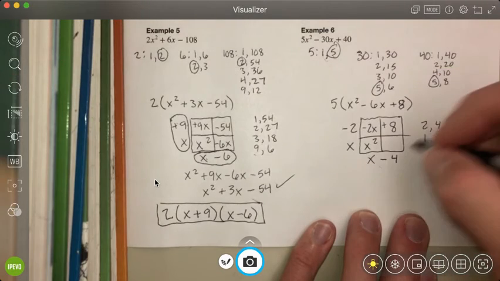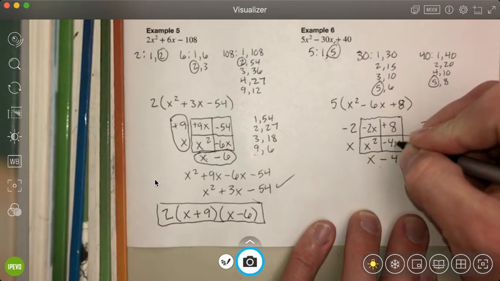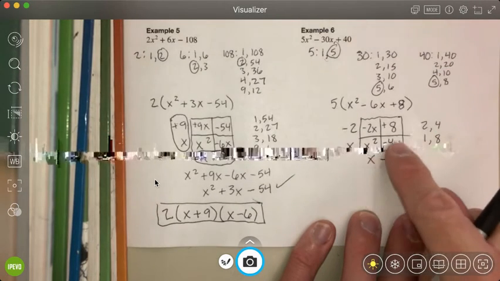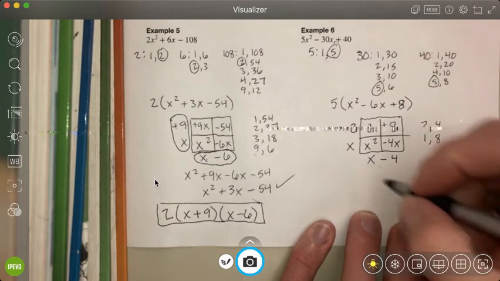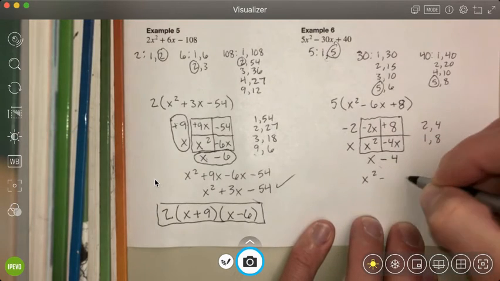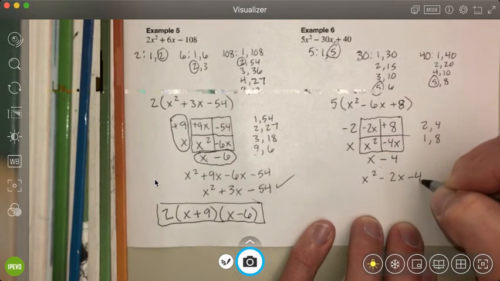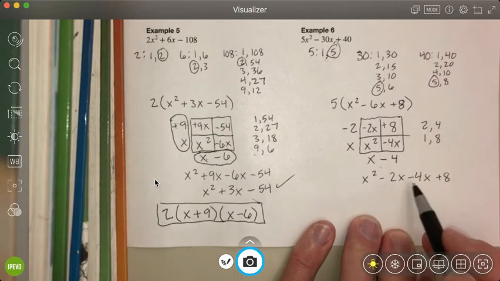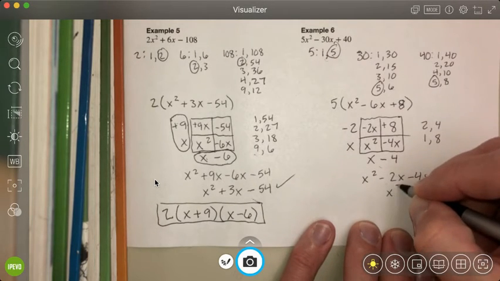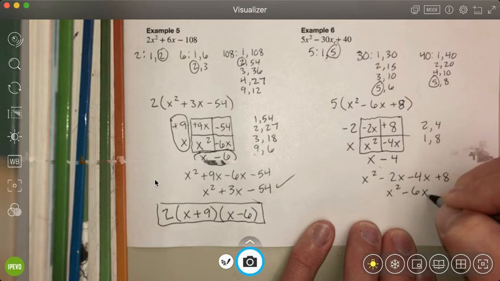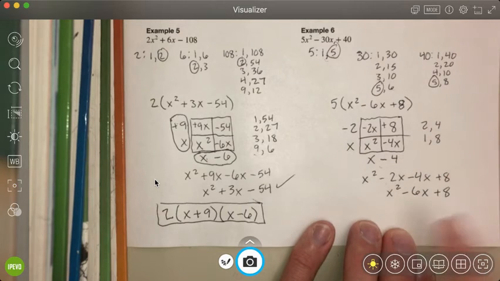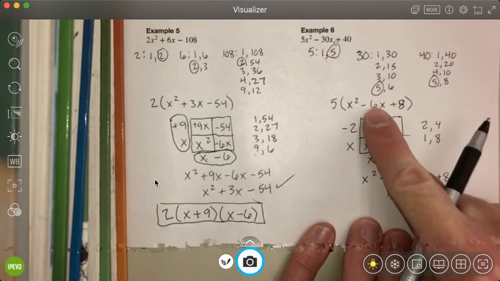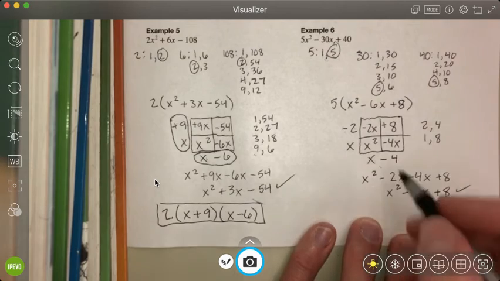X times negative 4 is negative 4x. We've got all our terms. I think I'm seeing that it's going to work, but let's just verify. Okay, negative 2 minus 4 more. Sure enough, takes us to negative 6x. We have a plus 8. This matches this. We're in good shape.